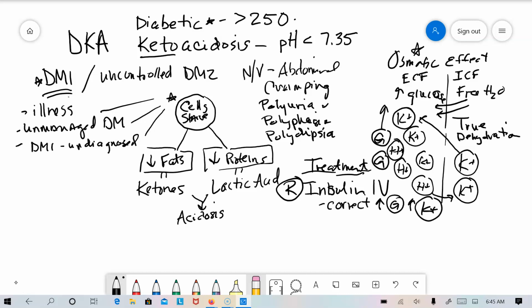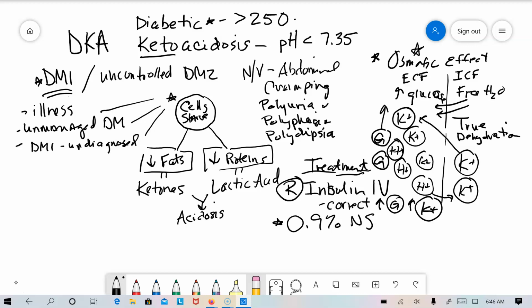Also, because of this osmotic effect that is happening, we need to do fluid replacement. So a lot of times this patient will get normal saline. In the beginning, patients will start off with normal saline because you want to replace the fluid.